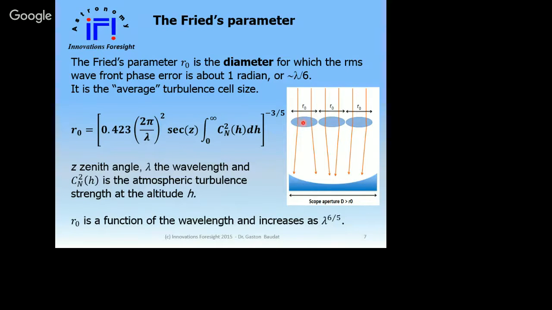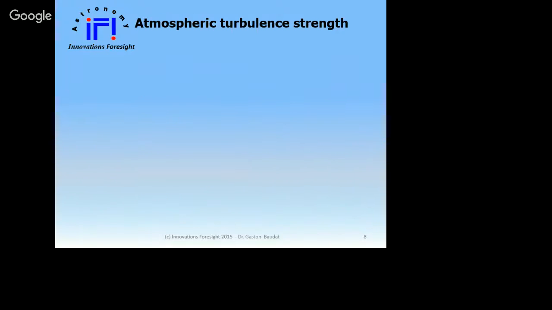The result is that this average cell size is going to create some distortion and some speckle. By the way, r0 scales as the 6/5 power of the wavelength, so it goes up when the wavelength goes up, which means things are better at longer wavelengths.